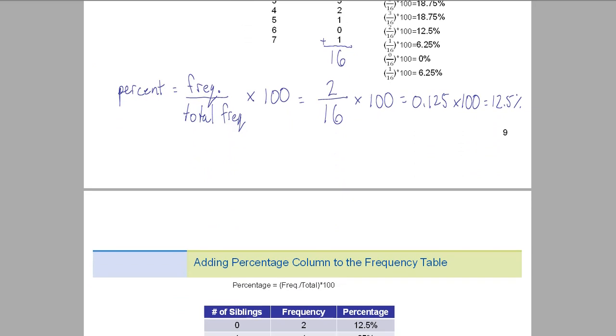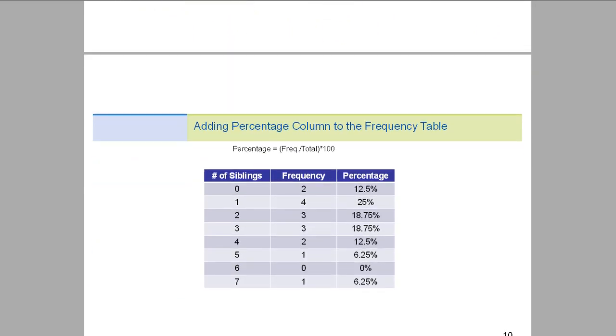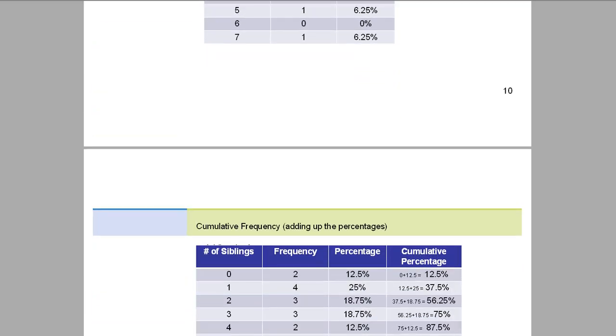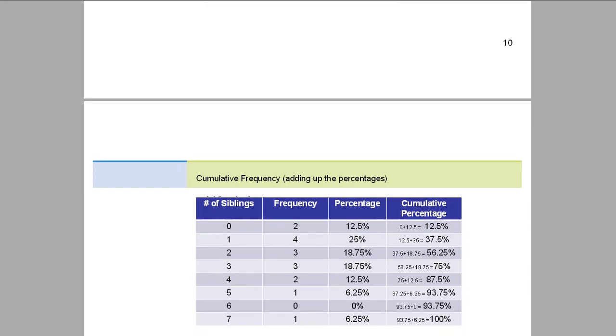Okay, so that's adding a percentage for each number of siblings, and here you can see it's just put without the calculations. What we can also do, which provides us with more information, is add another percentage column that totals all the percentages up.